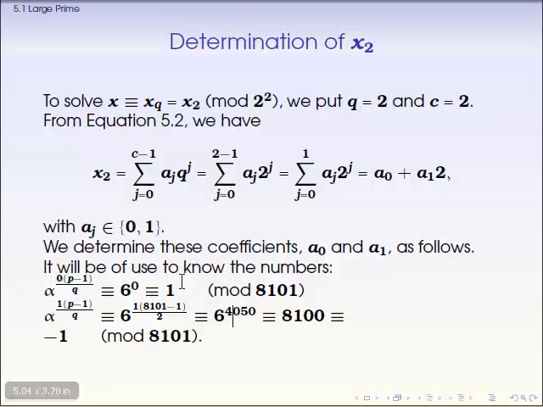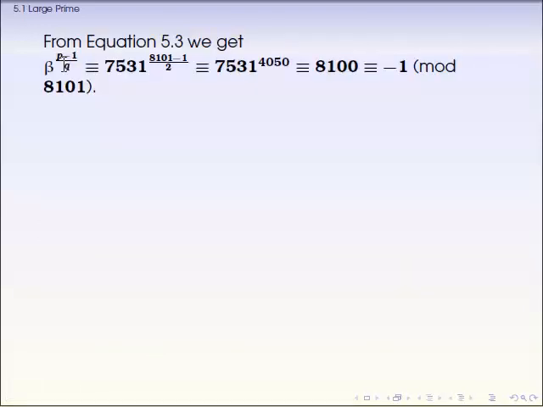Okay, so after we have that, let's apply these formulas we found. Beta to the p minus 1 over q should be like that. Every number is known. After you calculate with Maple, it's congruent to 8100, which is negative 1 modulo p. It's easy.